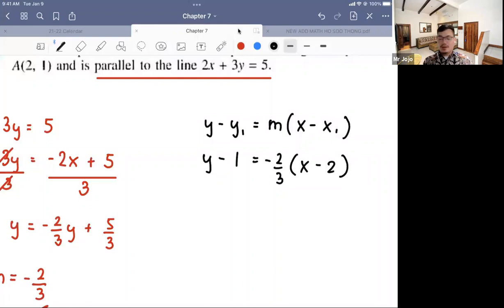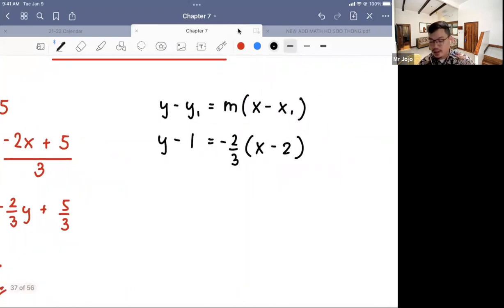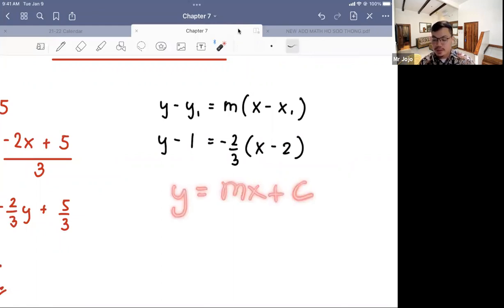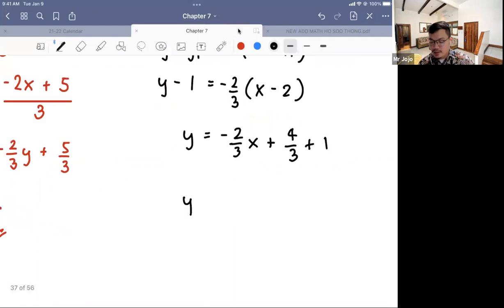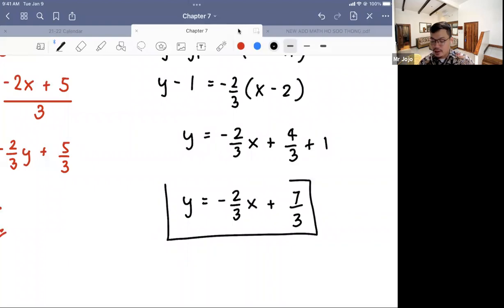There you go. Then we need to change this into the format y is equal to mx plus c. So I need to transpose negative 1. Bring down y, and then distribute this: negative 2 thirds x plus 4 over 3 plus 1. So your final answer is y equals negative 2 thirds x plus 7 over 3.